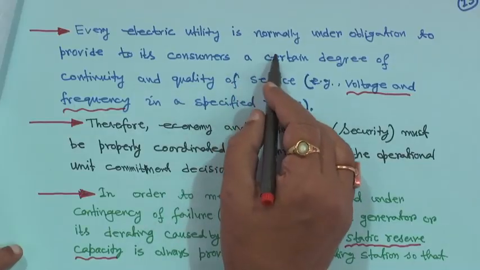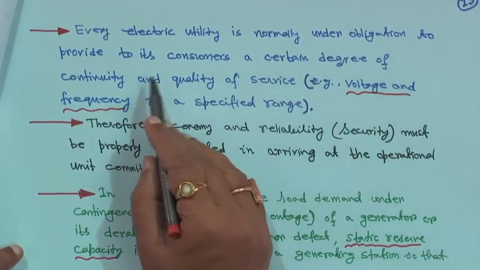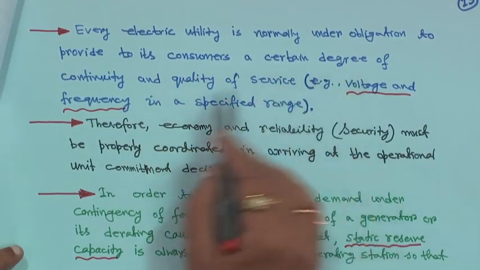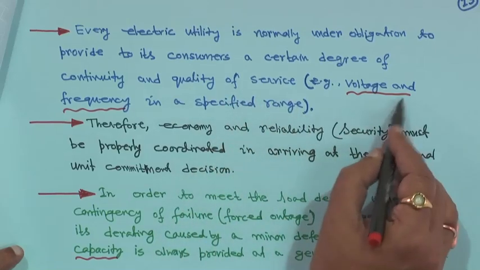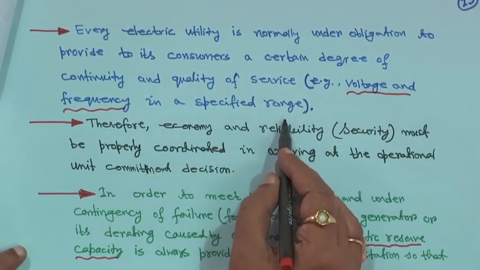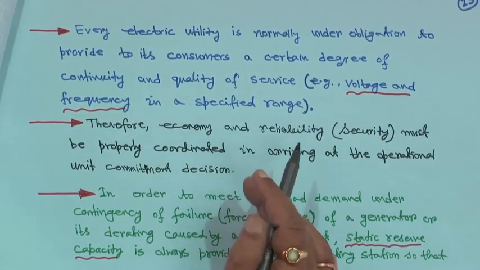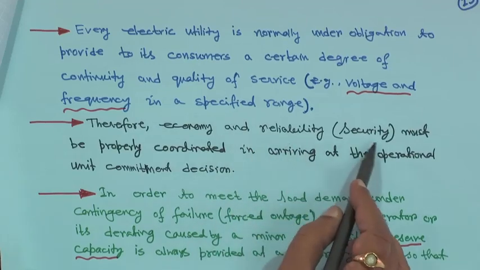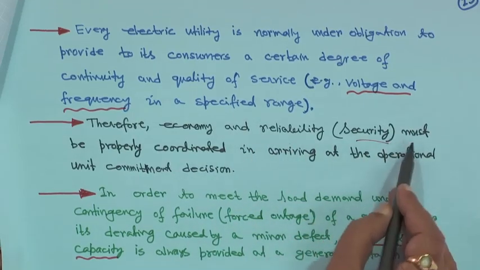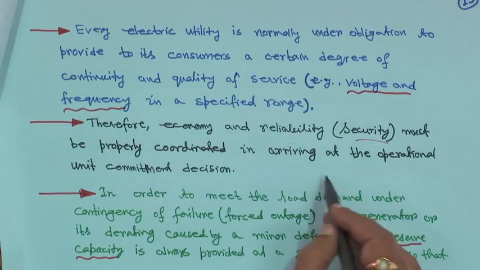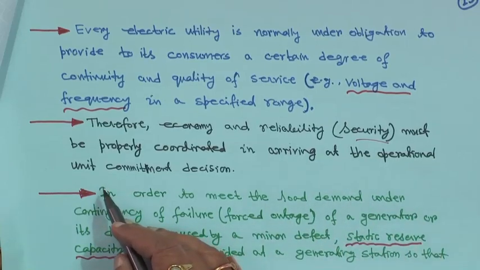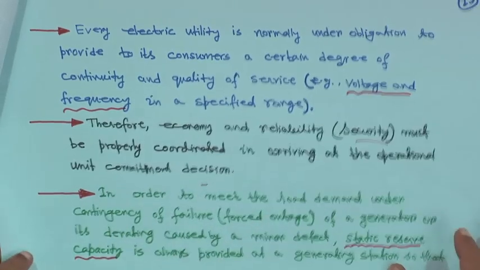Every electric utility is normally under obligation to provide its consumers a certain degree of continuity and quality of service, that is voltage and frequency, within a specified range. This is power quality. Therefore, economy and reliability, that is security, must be properly coordinated in arriving at the operational unit commitment decision.